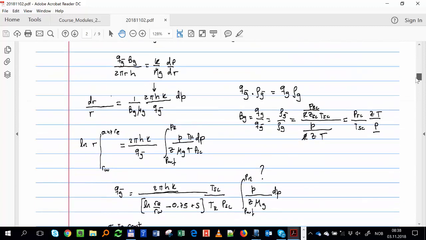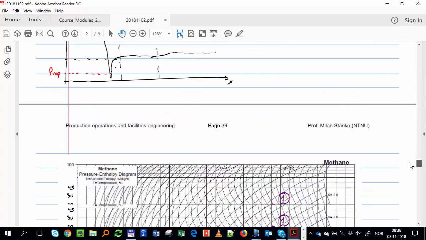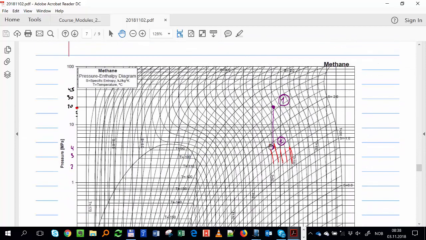If you remember, we have that integral, but we say temperature is constant, so we can take it out of the integral. Here it is not so simple, because temperature is also going to change.